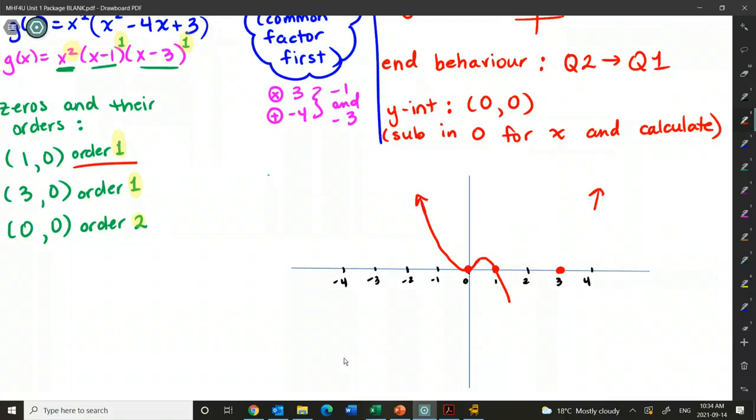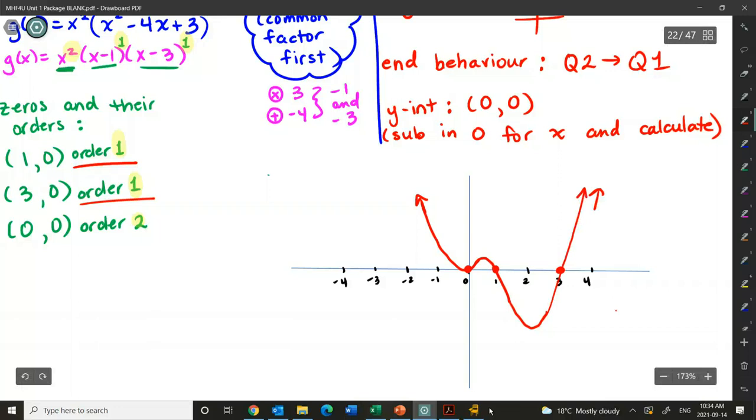Okay, and then again, I have one last 0 at 3, 0. My intuition tells me if I have to cross through this and end up here, I probably have to turn somewhere in between there, right? So we're going to turn toward 3. And I'm going through in an order 1 shape, so I want to just go right through it. And I will end where I expected to end, which is up in quadrant 1.